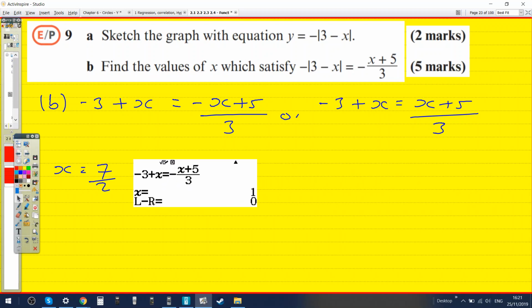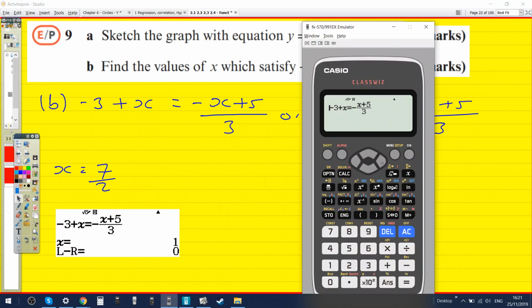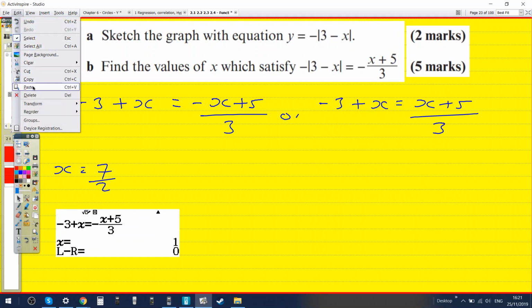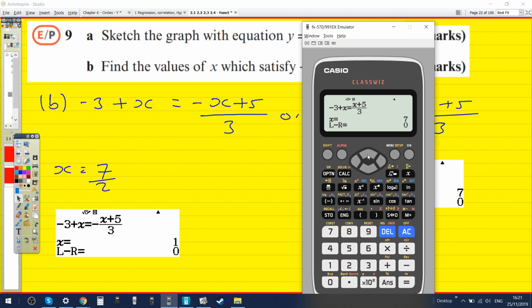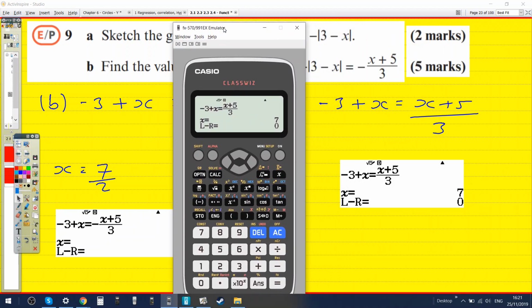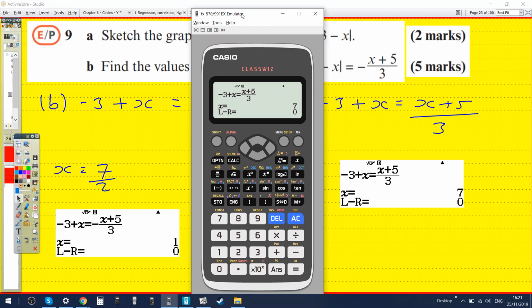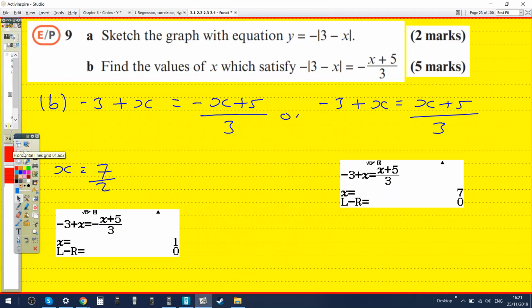Oh, hold on. Shift, solve. You must have gone wrong somewhere. Did you not put it in the calculator? I must have typed it in wrong. Are you able to press left? Or can you see what's on your calculator? I didn't put it in right. So yeah, I got 7 now. Okay, grand. Any questions there?